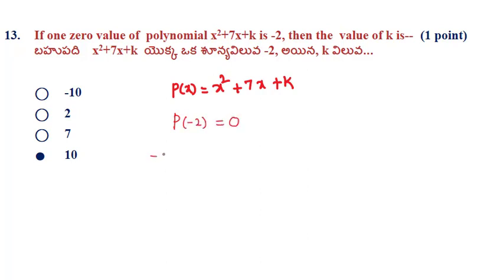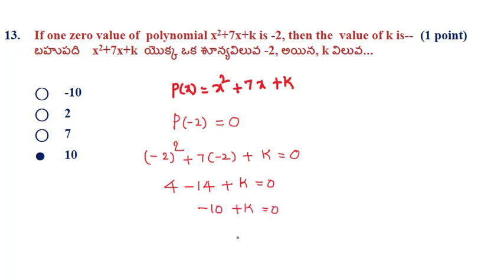That means minus 2 whole square plus 7 into minus 2 plus k will be 0. That equals 4 minus 14 plus k equals 0. So minus 10 plus k equals 0. That means k equals 10. So 10 is the correct answer for k.